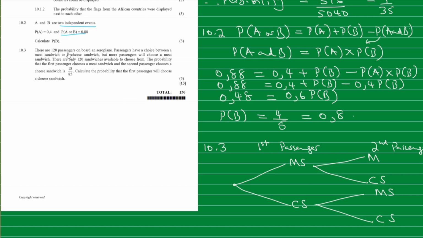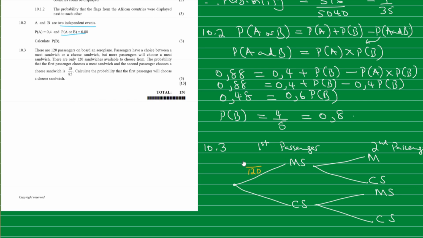There are 120 passengers on board, and passengers have a choice between the two sandwiches, as we are given here. Now we have to work with an unknown. There are only 120 sandwiches available. So out of 120, we are going to write the probabilities here.